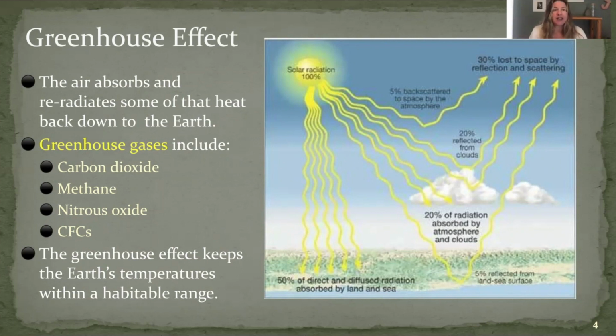Greenhouse gases include carbon dioxide, CO2, methane, nitrous oxide, and those chlorofluorocarbons, CFCs. The greenhouse effect keeps the Earth's temperature within a range that we can live in.